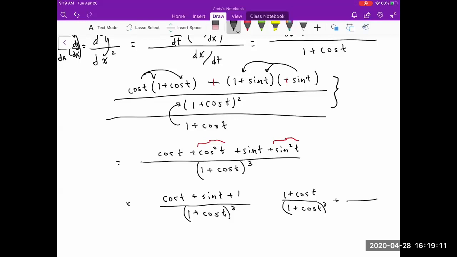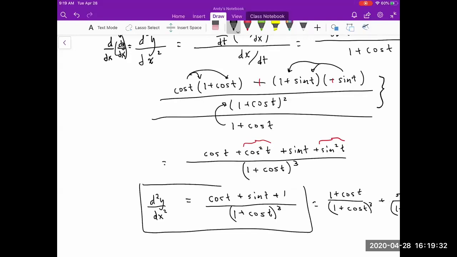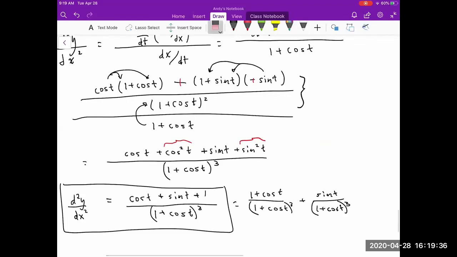But then you'd have a sine over 1 plus cosine of t cubed. So for that reason, I'm not going to do that at all. I'm just going to leave it like this. So this is the answer for d squared y over dx squared. So let me just box this. I'll get rid of that.